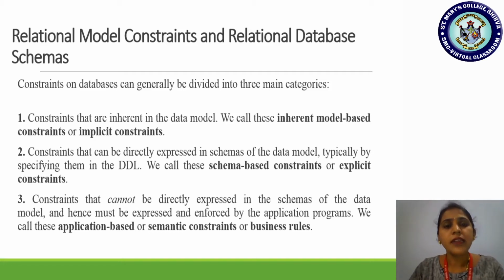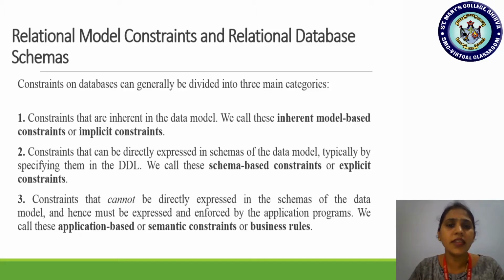Fine. Let us understand more about the term constraints. Constraints on databases can generally be divided into three main categories. So it is classified into how many? Three categories. Constraints can be added to a relation in three various ways.